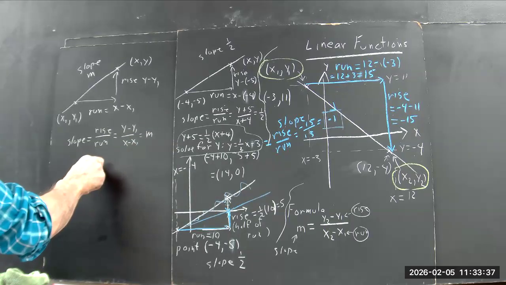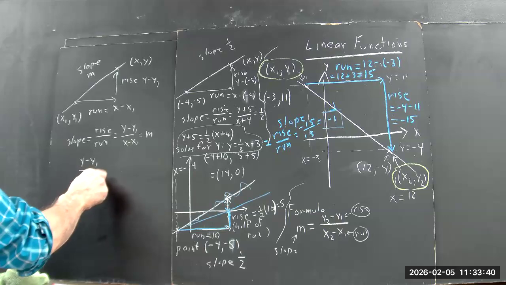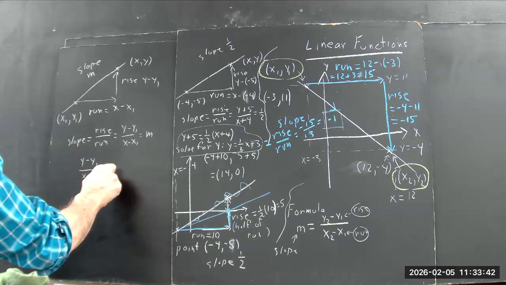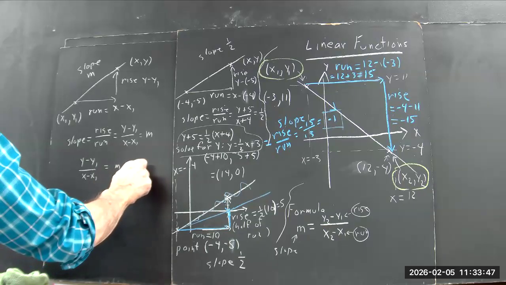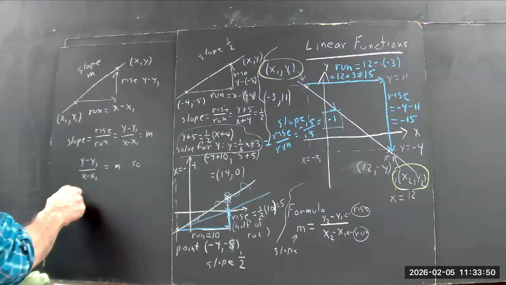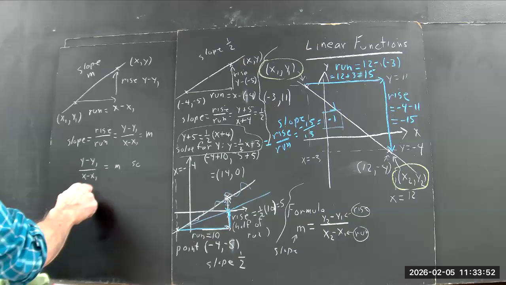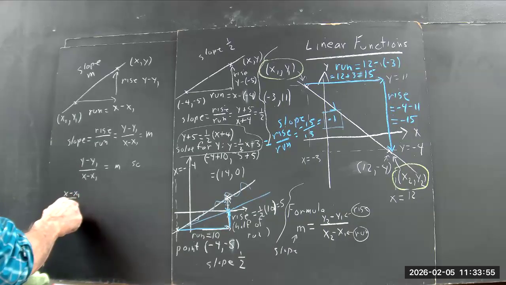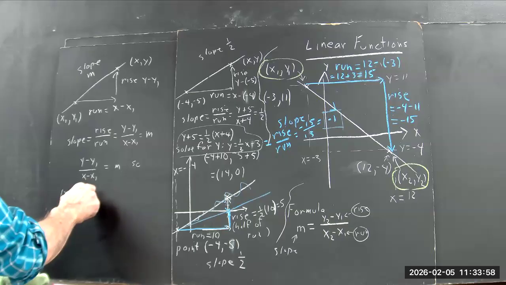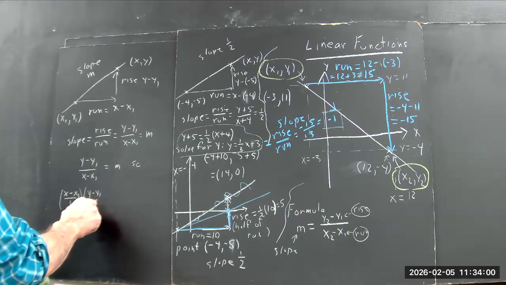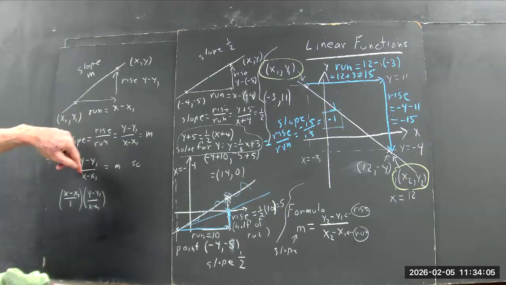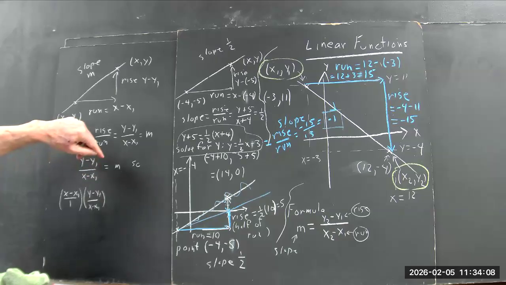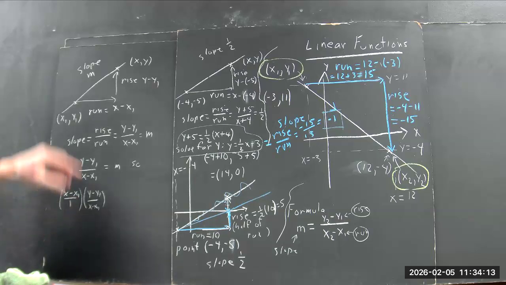If y minus y1 over x minus x1 equals slope, we multiply both sides by the denominator, x minus x1, and we'll write that x minus x1 over 1 since we're multiplying fractions. So our equation, y minus y1 over x minus x1 equals m, multiplying both sides by x minus x1.